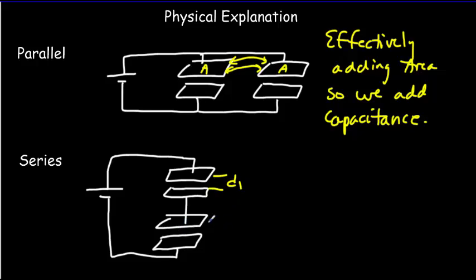So if I've got a d1 here and say a d2, and I shrunk this conductor down to 0, my capacitor would look like this. But this piece of metal in the center, it's not attached to any battery, so it's really not doing anything. It's just a thin sheet of something in the middle, and so it doesn't really do anything.